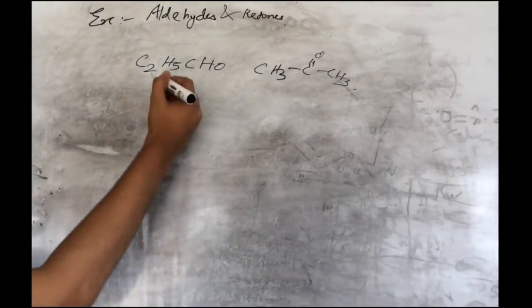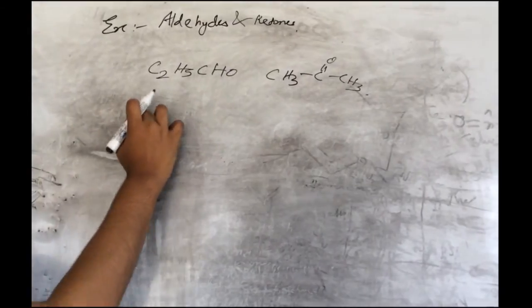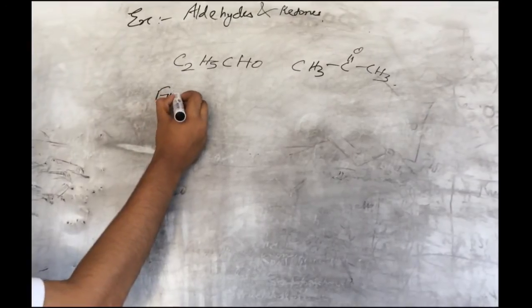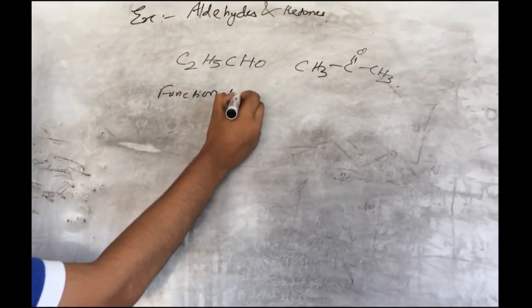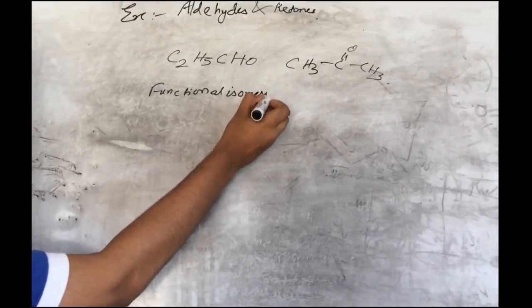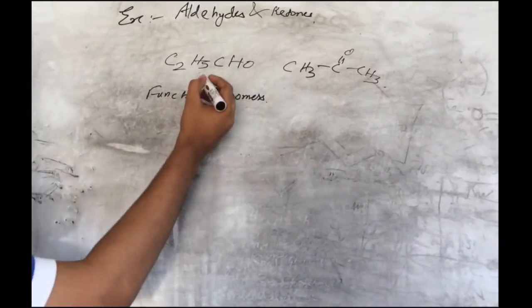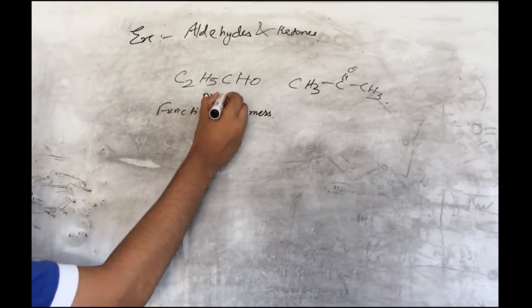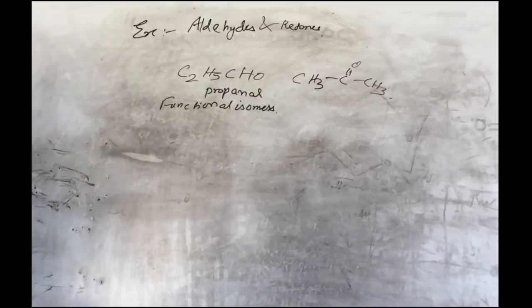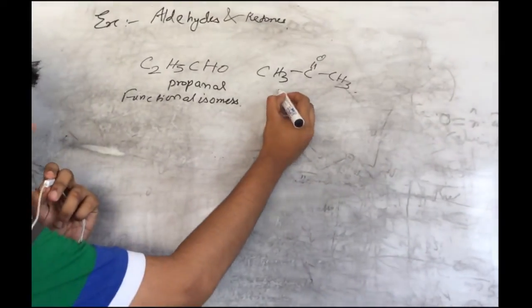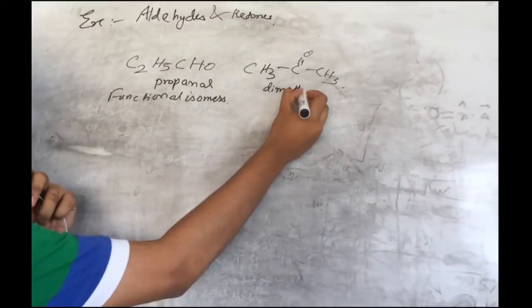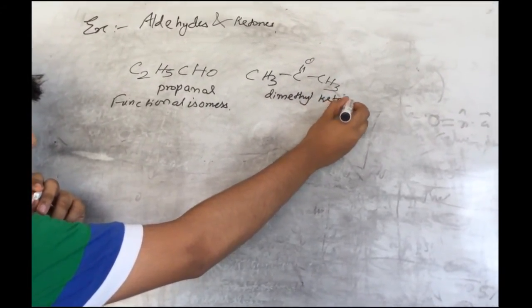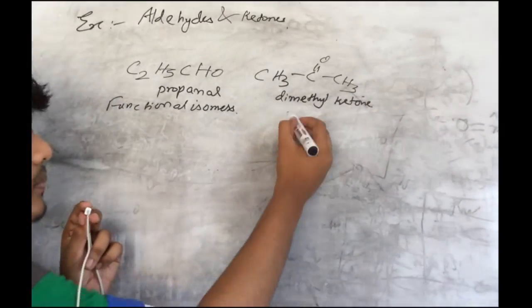So they are functional isomers. This one is propanal. This one is dimethyl ketone, or you can say propanone.